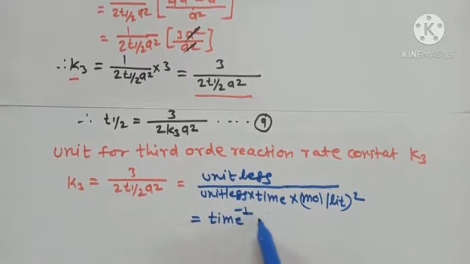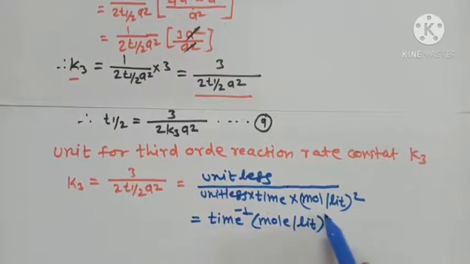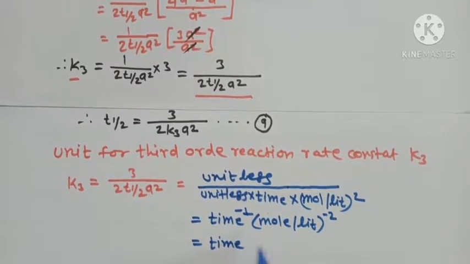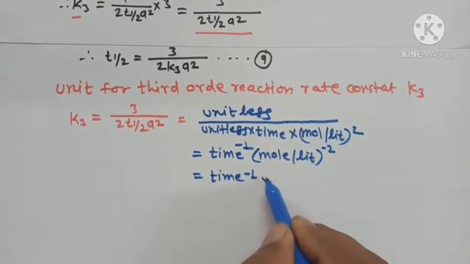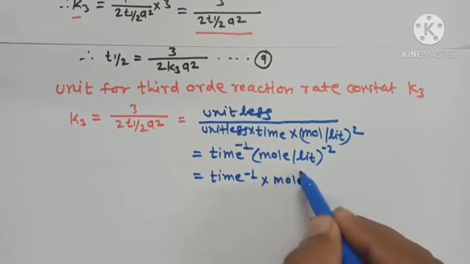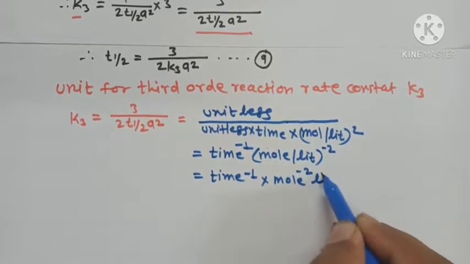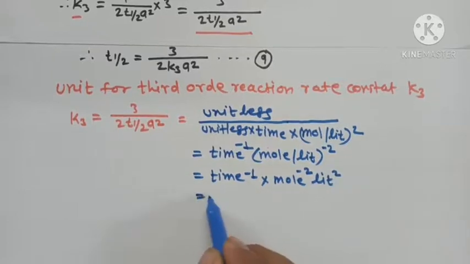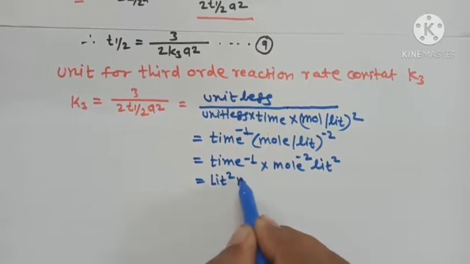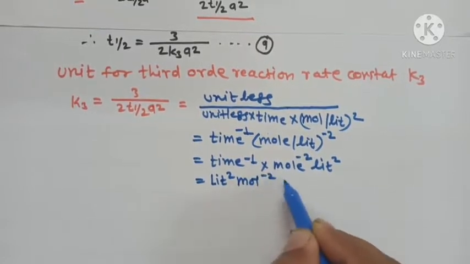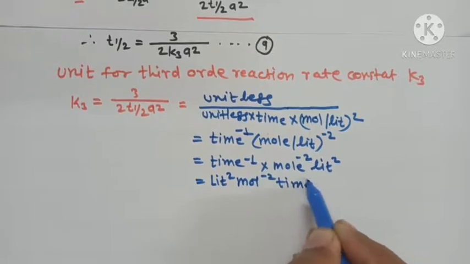Time inverse, mole per liter raised to minus 2, is equal to time inverse into mole raised to minus 2 liter raised to 2, or you can write down liter raised to 2 mole raised to minus 2 time raised to minus 1.